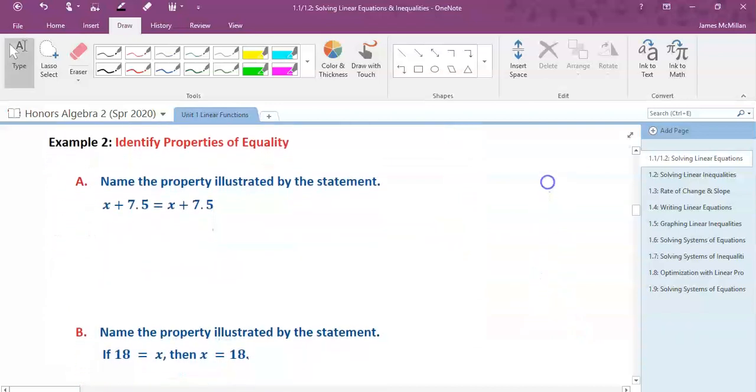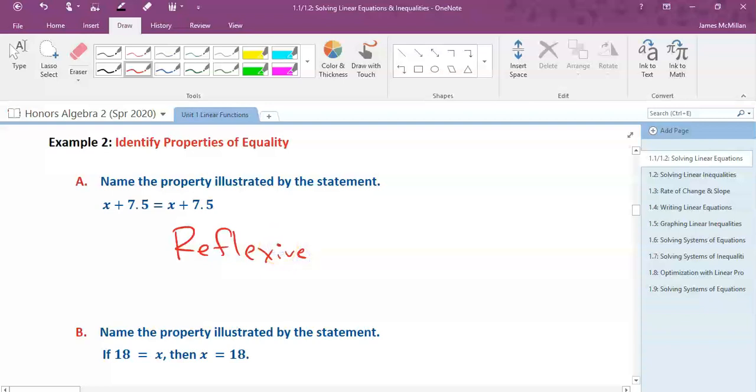Identifying the properties. In this first problem, we've got x plus 7.5 and x plus 7.5. So of our 4 properties, which one's it going to be? Is it reflexive, symmetric, transitive, or substitution? All right, now that you've thought about it, if you said reflexive, you've got it right, because the left side is exactly the same as the right.